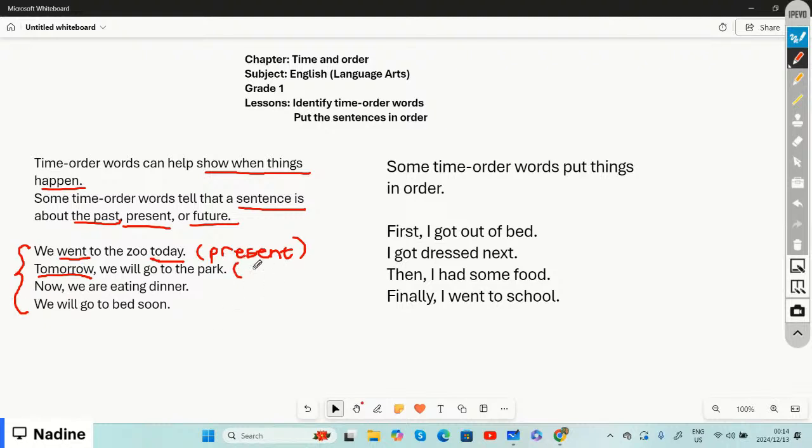Then tomorrow is definitely future, especially if we look at the word will go. I think over here we should rather just make it past, especially based on the wording.